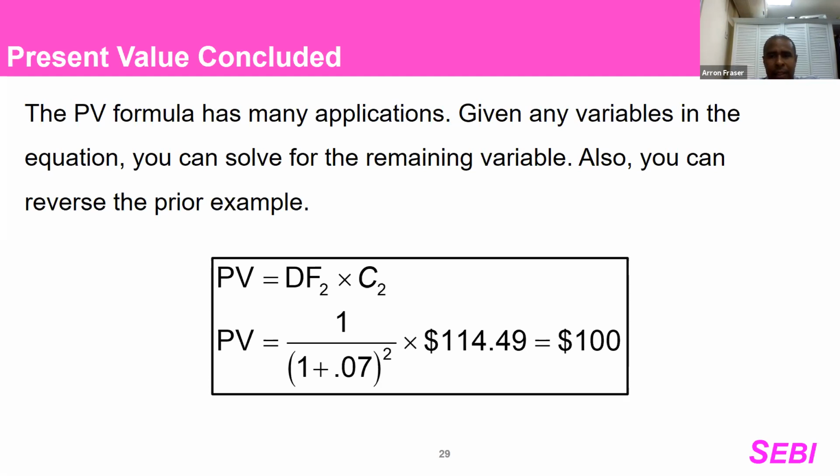Let's say the future cash flow was 3 years from now, the same $114.49. Then you would raise the denominator to the third power and multiply by 114.49, and that would give you what the present value would have been today. Right.